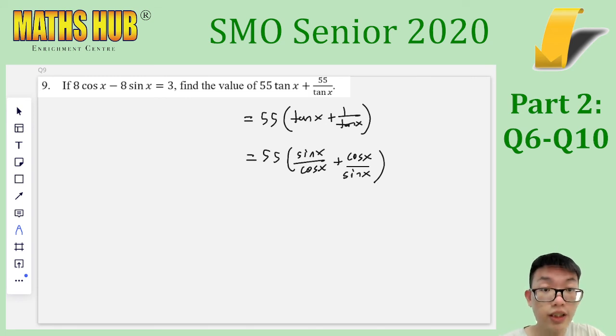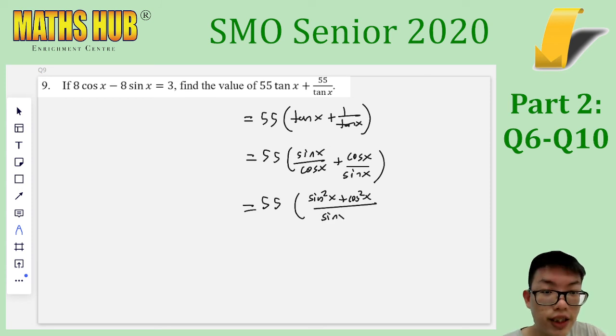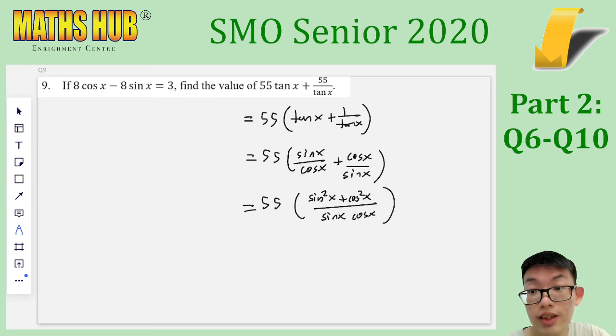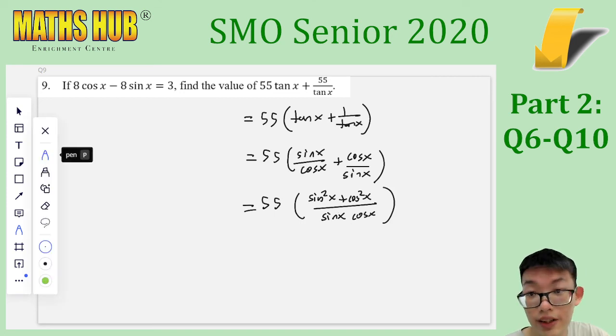These two fractions, we can add them up. And lo and behold, we get our magical sine squared x plus cosine squared x. This is really a very commonly occurring expression when you're doing trigonometric simplifications.